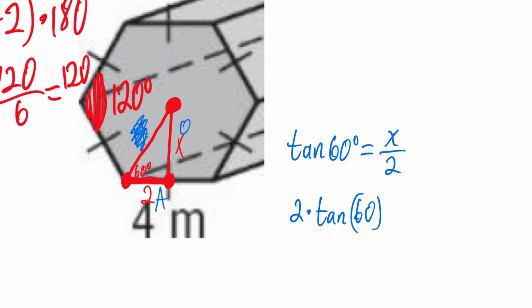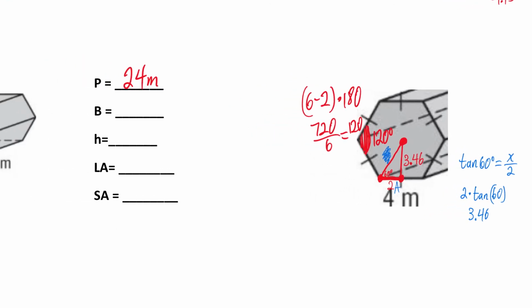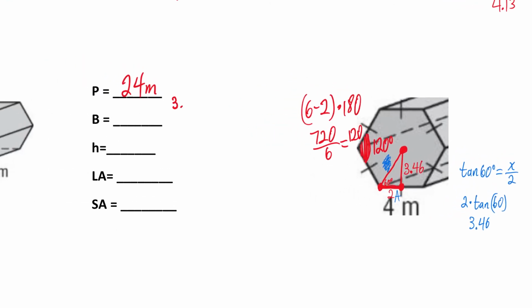And 2 times the tan of 60 is what? 3.46. Okay, so that's what this is. That is actually the apothem. So now I can find the area of the base. Apothem times perimeter divided by 2.